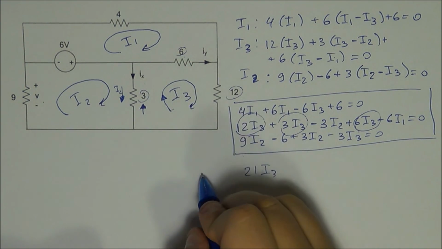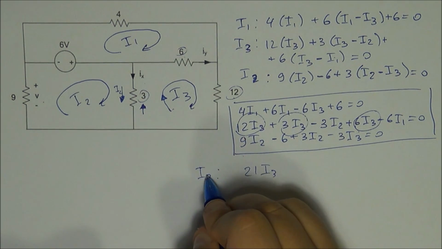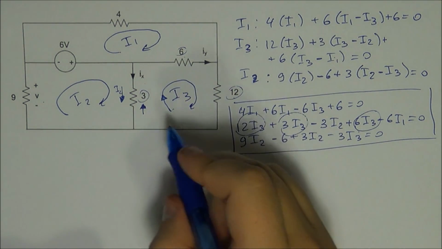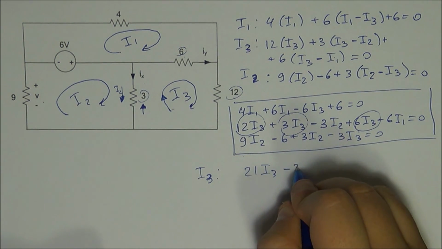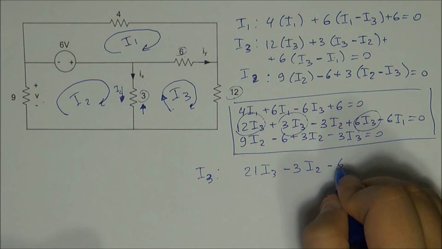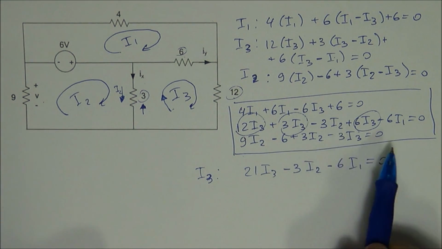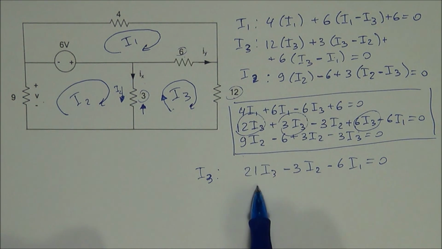For the full mesh, you should be able to see the sum right away, so 21I3, and here you see minus 3I2 minus 6I1 is equal to 0. As you practice more and more, you're not going to have to simplify these equations or open the brackets. You will be able to just write them out in one go.